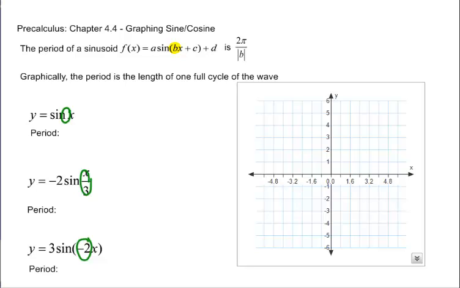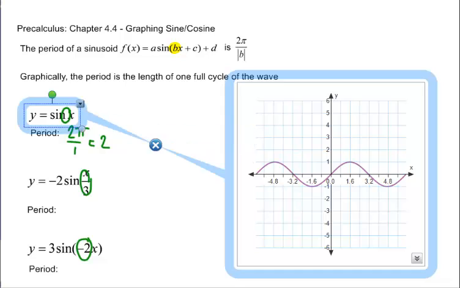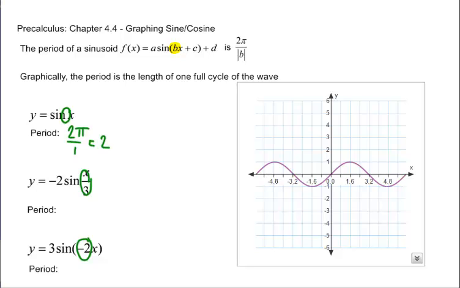So let's look at this first guy. The number in front of x is just 1. So the period is 2 pi over 1, or 2 pi. If we look at this graph, if we started right here, by the time we go all the way up, all the way down, and get back to the middle, this point right here is going to be 2 pi.